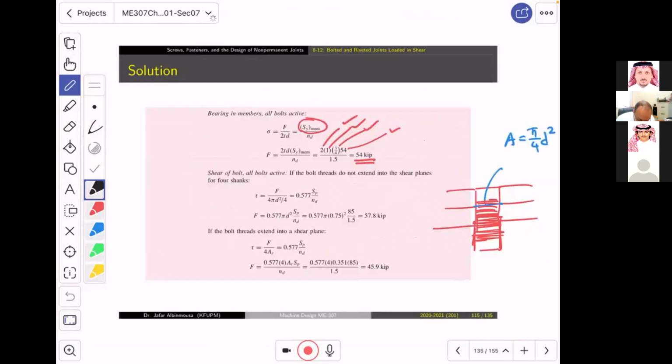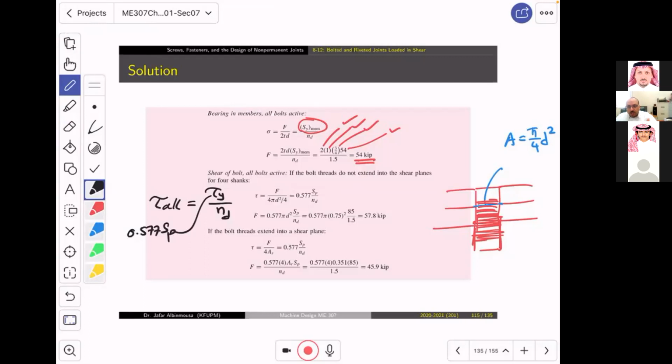The following is that, first thing, the allowable stress, tau allowable, is what? Tau yield divided by ND. Now, what is tau yield? Shearing is happening on the bolt. So tau yield will be equal to 0.577 Sp.